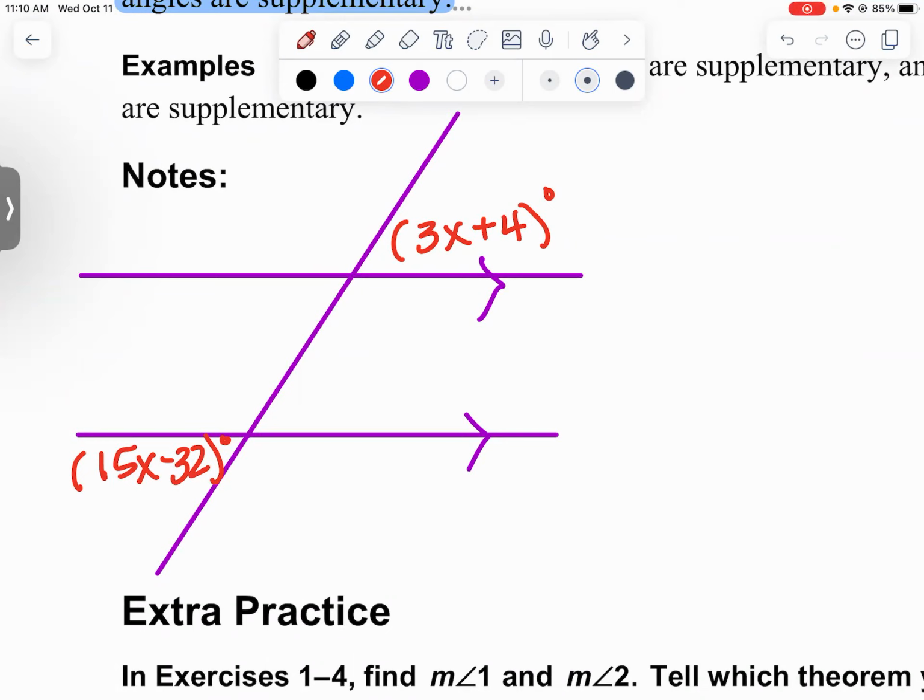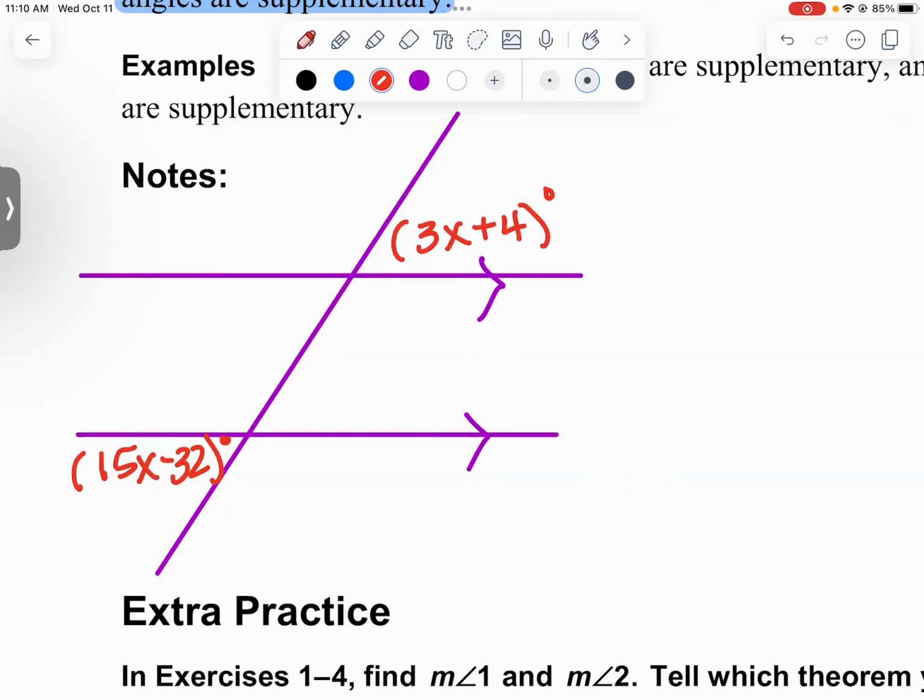You're going to have some problems in your homework both today and tomorrow where you're going to have to do algebra. The first thing you need to decide is what the relationship is. And you have two options. If you have parallel lines, two things can happen.